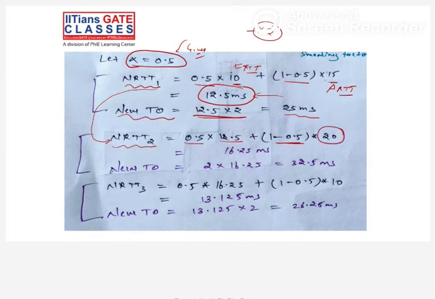In what case? When the actual round trip time for the previous segment is found to be decreased, indicating there is low traffic in the network. So if your actual round trip time is less than the current timeout, then the next timeout will also be decreased. That's the meaning: there is less traffic in the network. So this way we calculate.